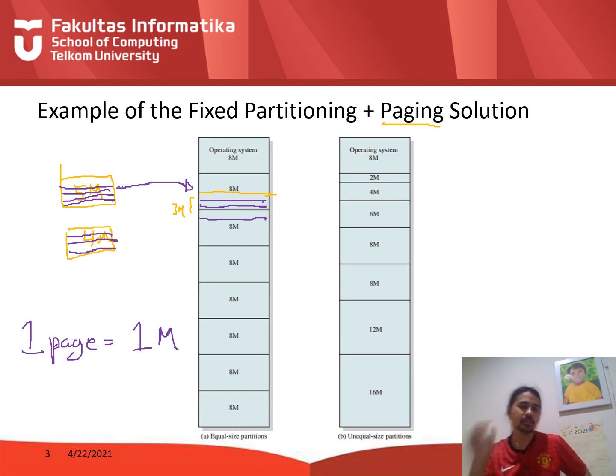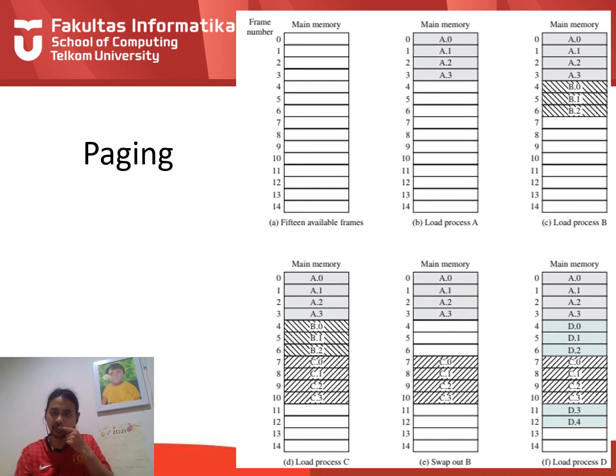The next problem is how to address those pages. In this other example, we can see that there are many processes: there is A, B, C, and D, and each of them is divided into fixed-size pages. Here A has 4 pages, B has 3, C has 4, and D has 3.